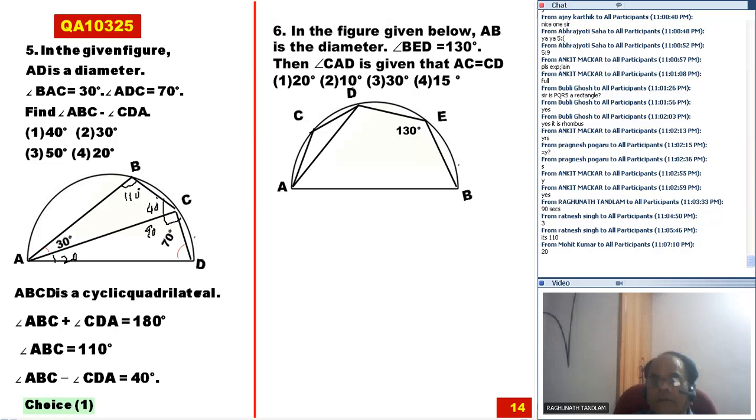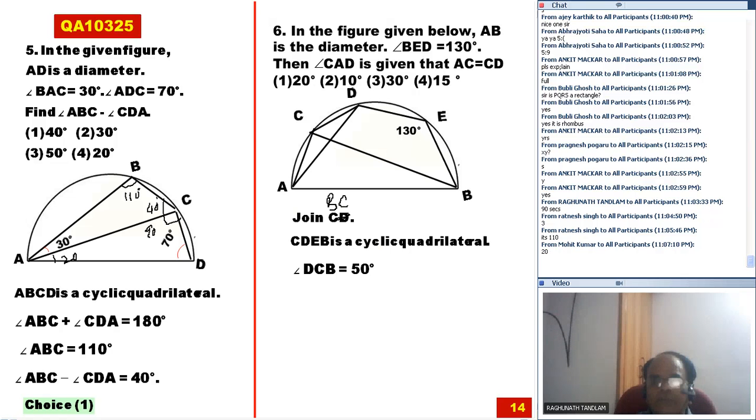Right, shall we do the question? 90 seconds over. Join BC. If I join BC, what will happen? This quadrilateral CDEB is cyclic. Therefore, DCB becomes 50 degrees.